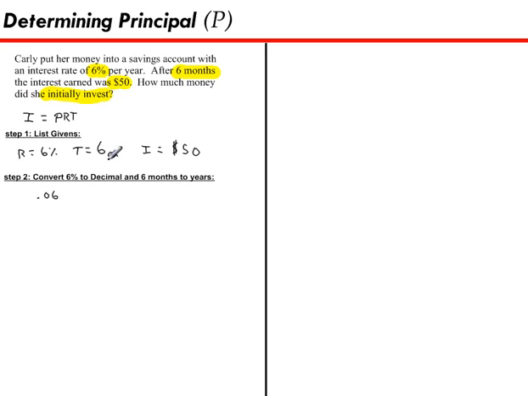Next up is this T. In order to convert 6 months into years, I'm just going to divide whatever T I've been given by 12 months. And 6 divided by 12 is 0.5, or 1/2.